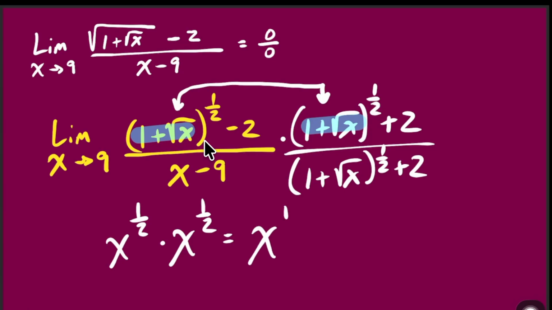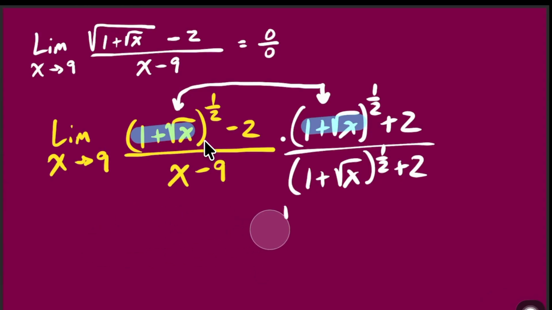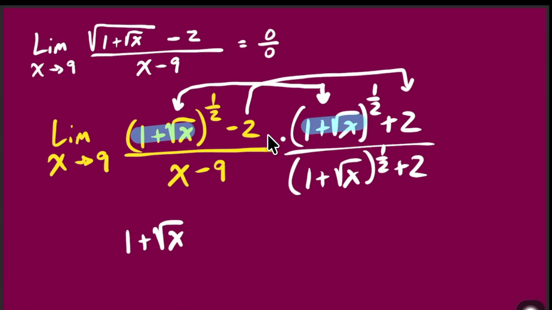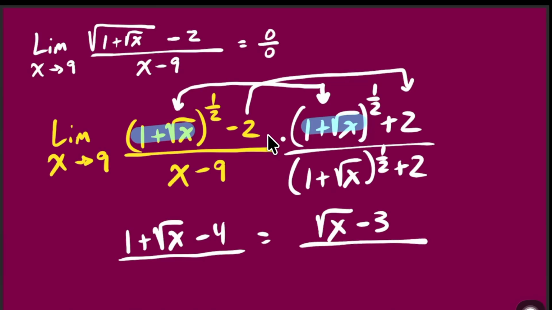So we're going to keep the base and add the exponents, and we're going to end up with simply 1 plus the square root of x to the first power. And then we're not going to do the middle steps because we know the middle term will drop out. And then we're going to multiply -2 times +2 and get -4. All right, I'm going to leave the denominator alone for a second. And here we're going to get the square root of x minus 3 on top.